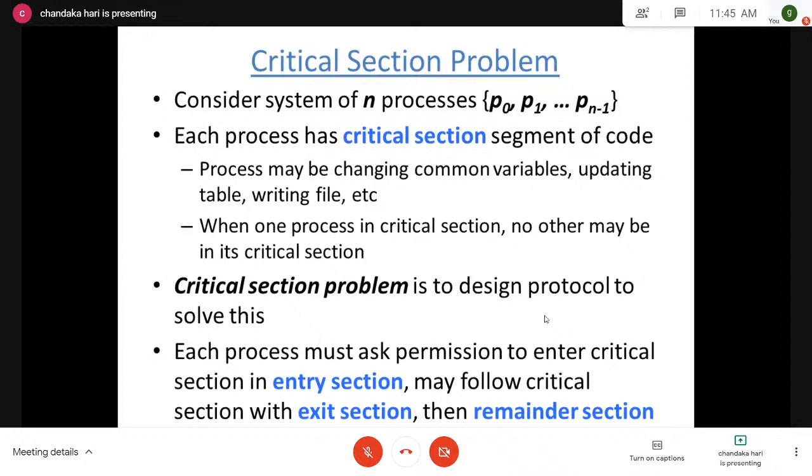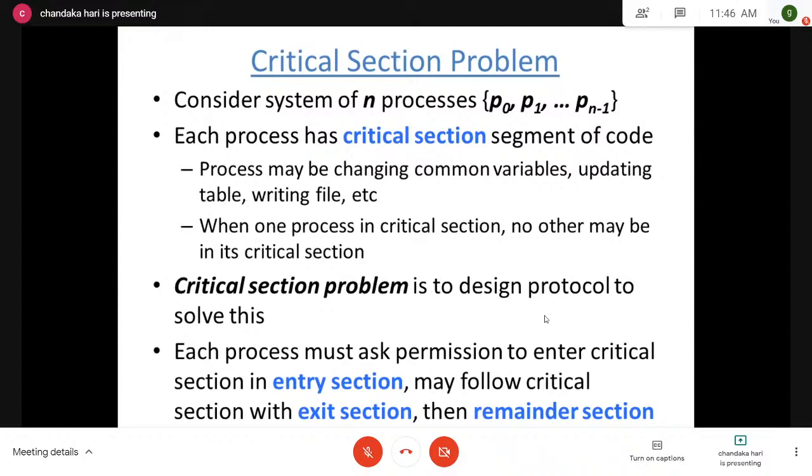Please try to see that this is very, very important. If any process is executing in its critical section, then no other process is allowed to execute in its critical section. That is, the maximum number of processes that can be allowed to execute in their critical sections is only one process. So, what is a critical section? It is a set of instructions in a process which, while executing, can affect common resources, like variables, updating a table, or writing a file.